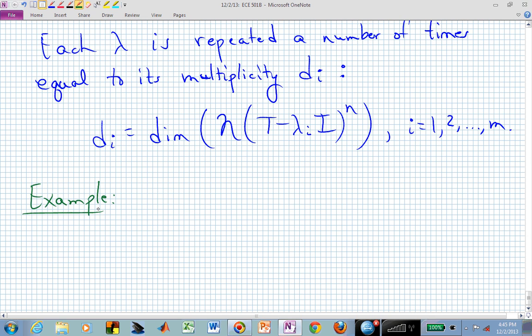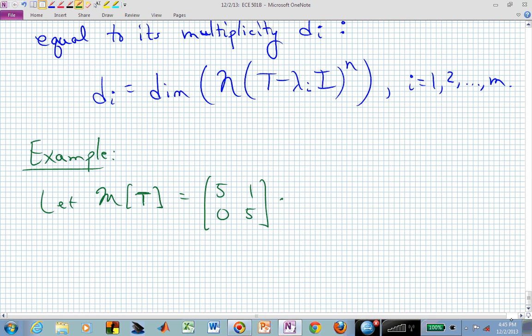We had an example before, but let's just look at one that's even smaller. Suppose you have a linear map that has a matrix representation that looks like 5, 1, 0, 5. Now you should be all warm and fuzzy and know what's going on.